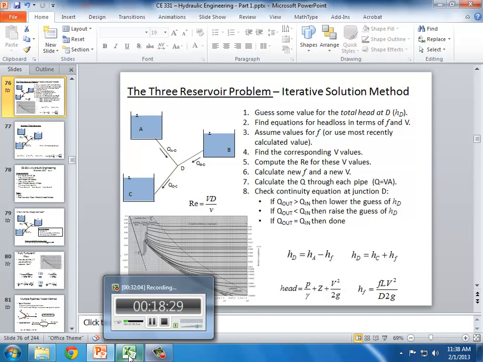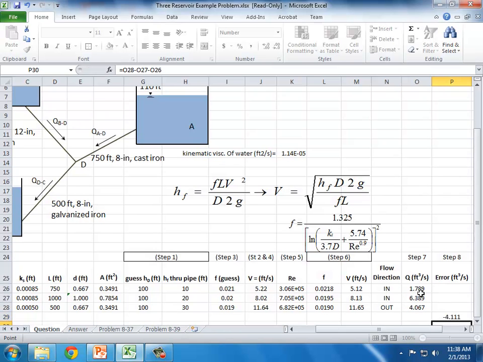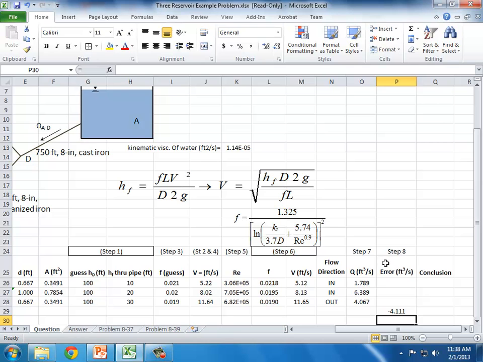So I'm going to have out minus in equals the out minus both of the ins. In other words, for error, I'm saying Q out minus Q in.